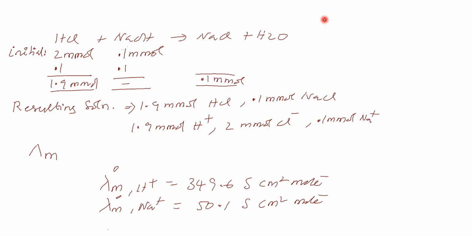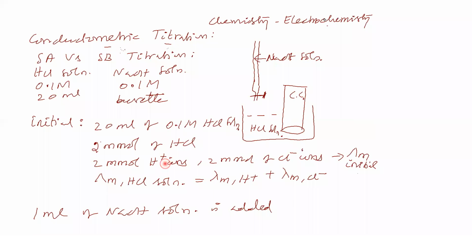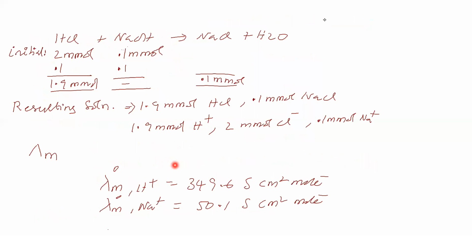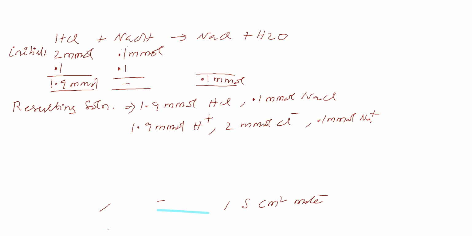So here you see, due to addition of sodium hydroxide solution, what happens to the number of millimoles of H plus ions? Before adding sodium hydroxide, 2 millimoles of H plus ions. After adding sodium hydroxide, 1.9 millimoles of H plus ions. Due to that, what will happen to the molar conductivity?